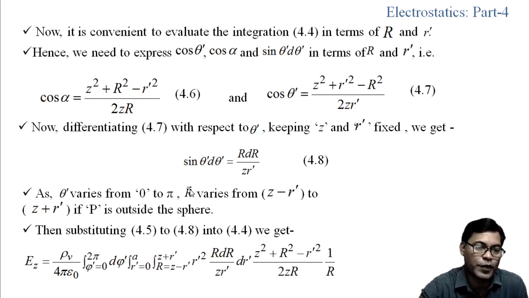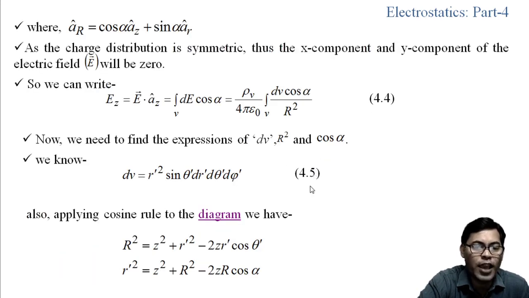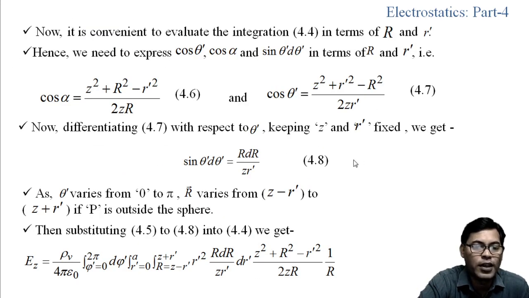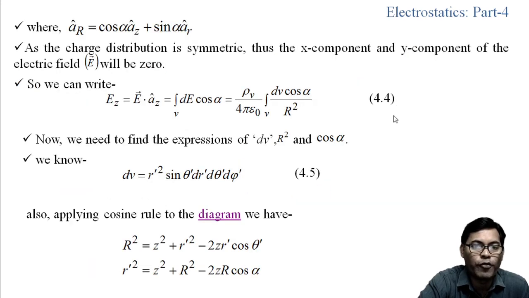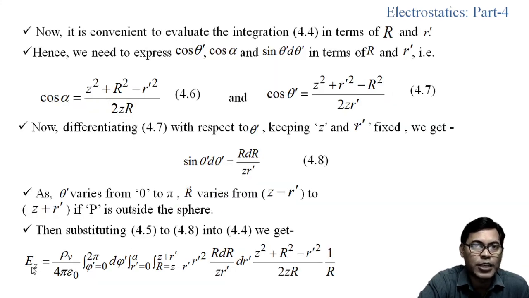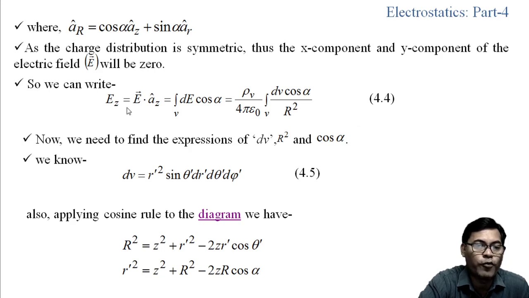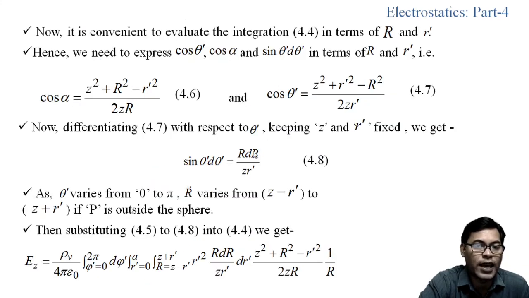So now as we get the variation, we can substitute the expressions 4.5, 4.6, 4.7 and 4.8 into 4.4, and we will get the expression of Ez. I am not reading this one, you can find it by putting all the expressions 4.5 to 4.8 into 4.4, and we will get rho v by 4 pi epsilon naught volume integral dV.